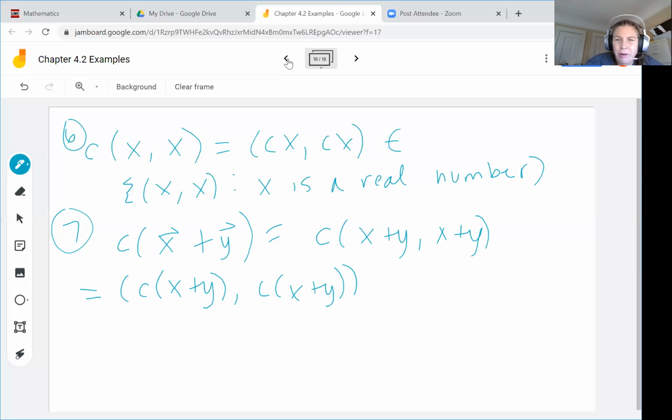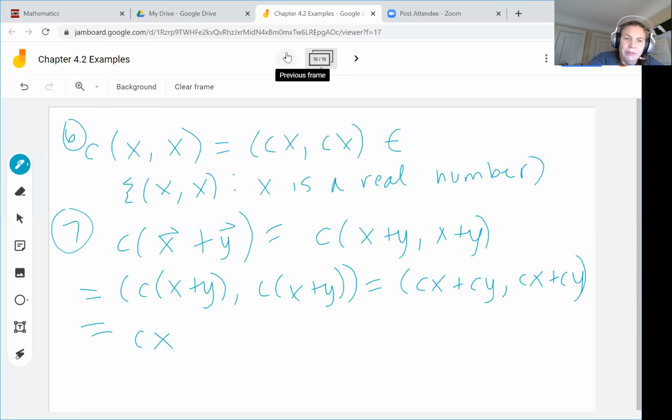And then because these are real numbers, we know the distributive property holds. So this is cx plus cy in both components. And then we can say, well, that's just c times the x vector plus c times the y vector. So property 7, the distributive property for scalars, holds.